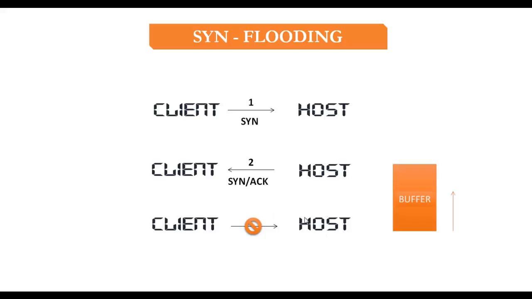Since the IP address doesn't exist, it keeps waiting, thus it queues up and eats the system resources, and the memory buffer of the victim will eventually be filled. Once this buffer is full, the host can no longer process new TCP connection requests, and this causes the server to crash. So this is how a SYN flooding attack works.